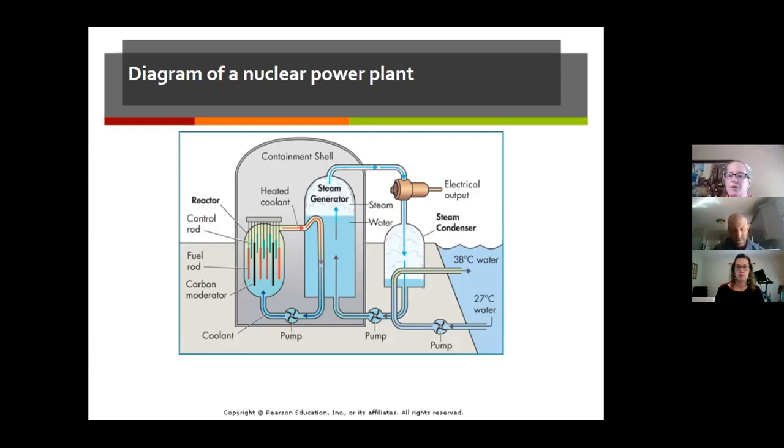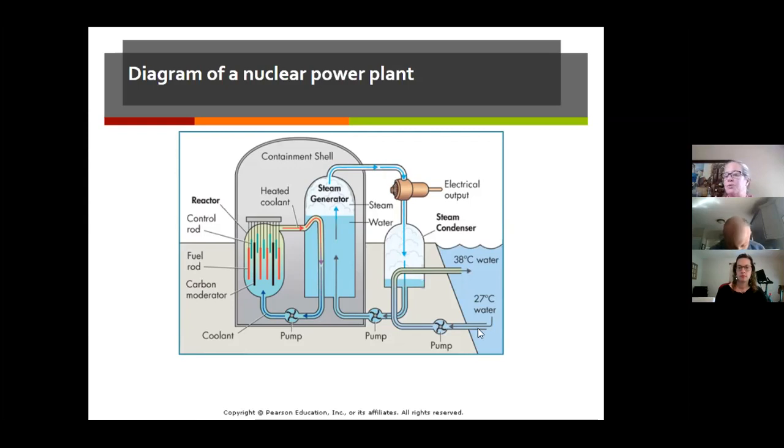That energy gets absorbed by the water, and it's under a lot of pressure, so it doesn't boil. But then it heats up other water, and that other water is allowed to boil. You can see the steam generator; that steam goes up and turns a turbine to generate the electricity. Then there is a third circle or ring of water that comes from the outside.